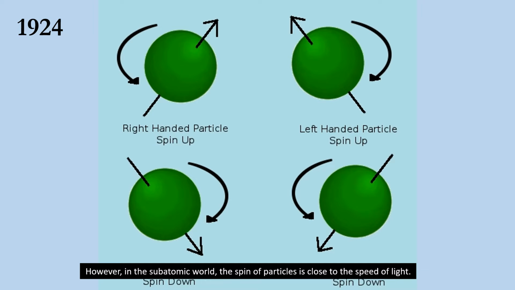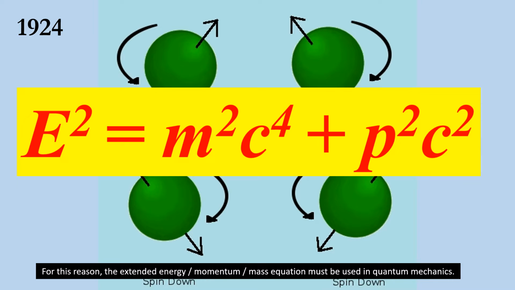However, in the subatomic world, the spin of particles is close to the speed of light. For this reason, the extended energy-momentum mass equation must be used in quantum mechanics.